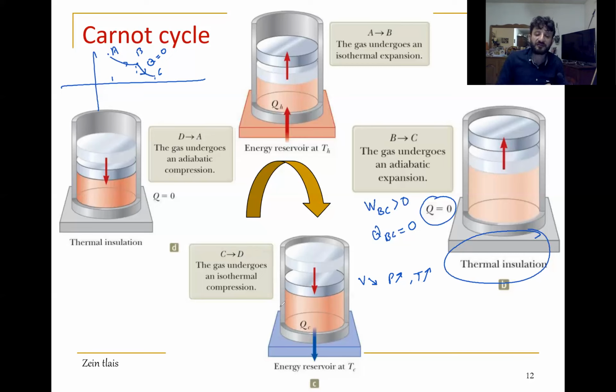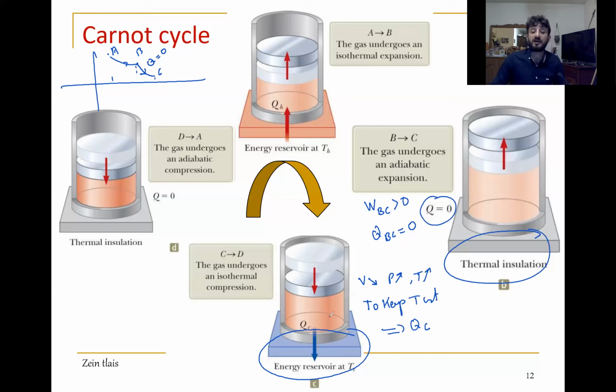So we have the cylinder in contact with T cold. So we can say to keep T constant, we have Q cold, lost by the system. How?